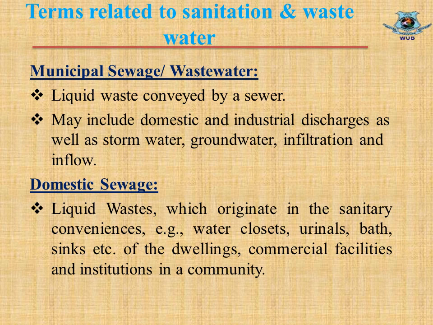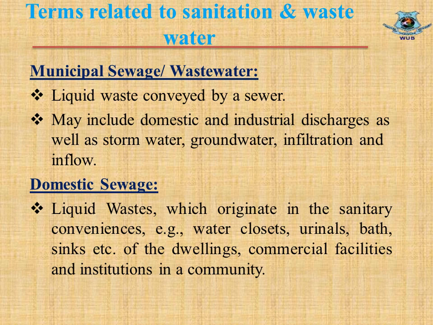Liquid waste conveyed by a sewer may include domestic and industrial discharges as well as storm water, groundwater infiltration and inflow. As a municipality includes residential buildings as well as industrial establishments, these two types of wastes refer to municipal sewage or wastewater.